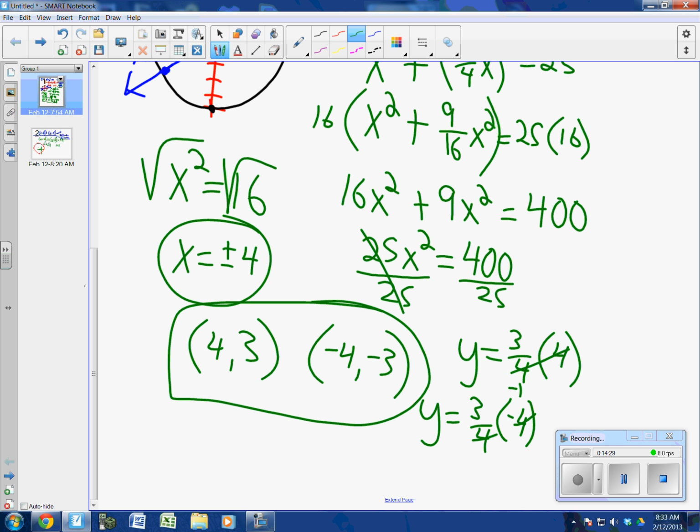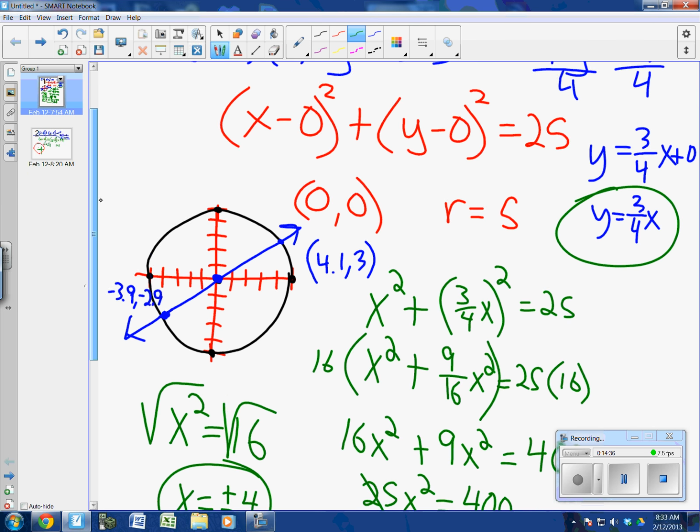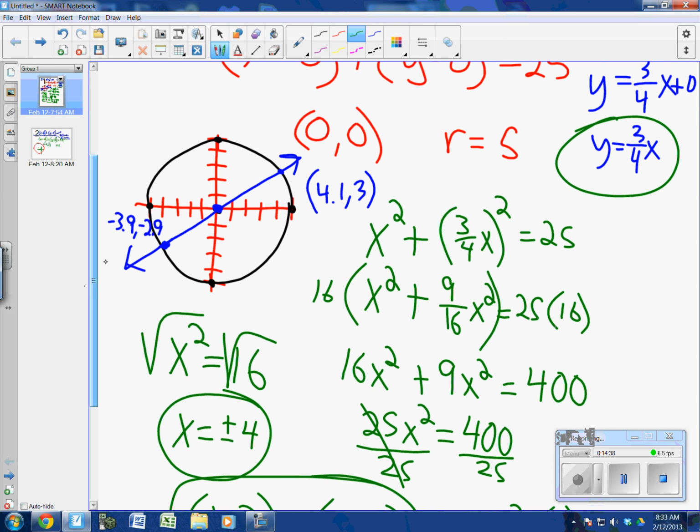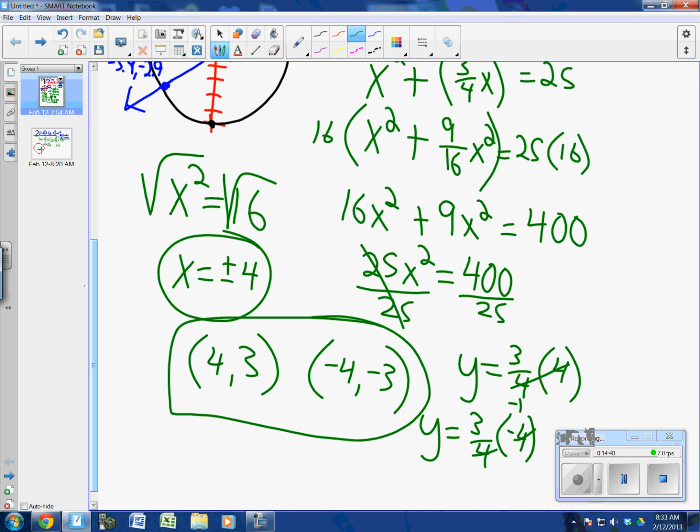Let's review that, for those of you who are kind of struggling with this. We'll do number 4, but let me just review this one first so you guys can get an idea. Okay, you guys look, right here. We had a circle equation, and we have a linear equation, right? So all I did right here is I solved the linear equation for y.